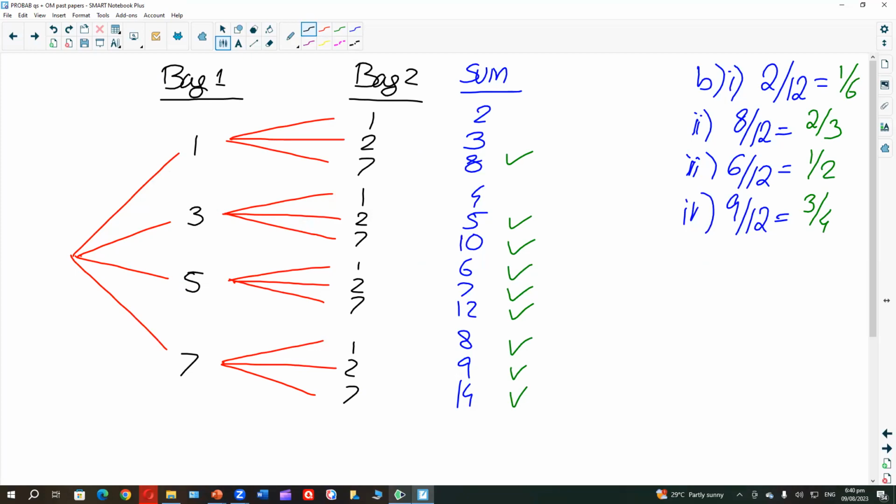So how many entries? 9. Good. 9 upon 12. Yes.